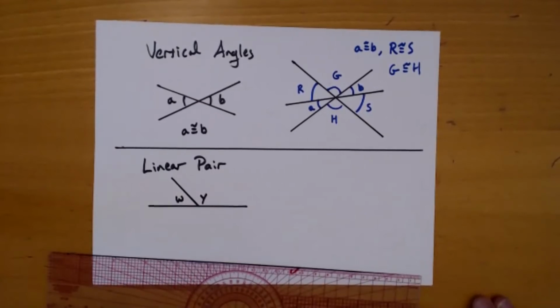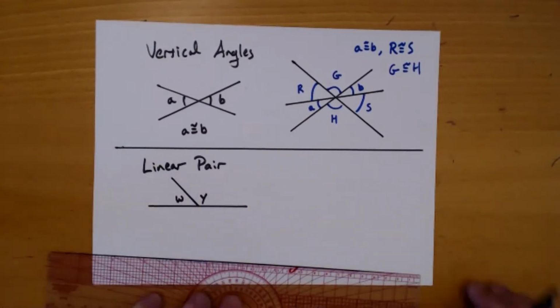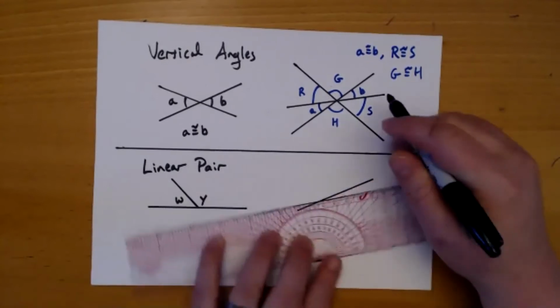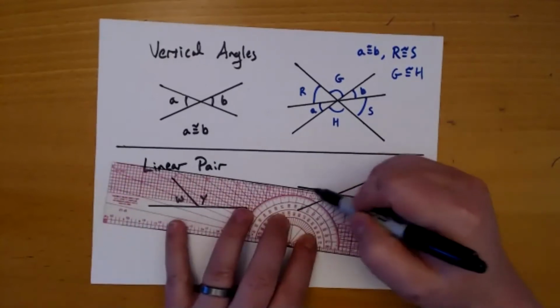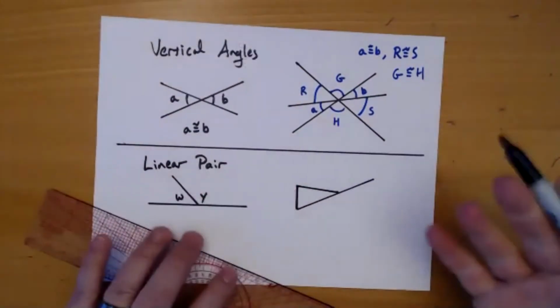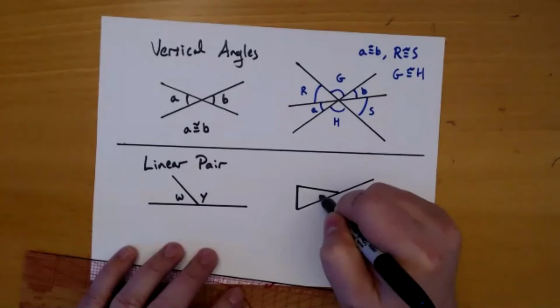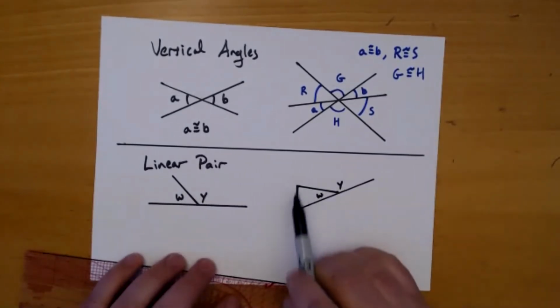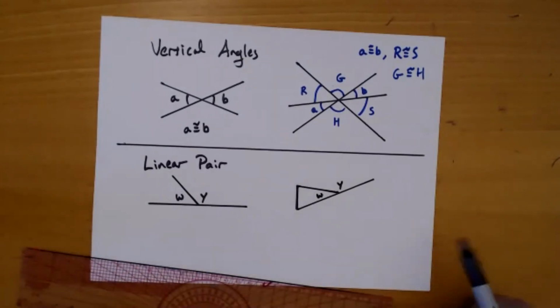Now, there might be some diagrams that have extra stuff in there, and don't let that kind of thing confuse you. Maybe it would look like this, where we've got a triangle in there now, so here's your W and Y again. Just because I threw that line in there doesn't change anything.